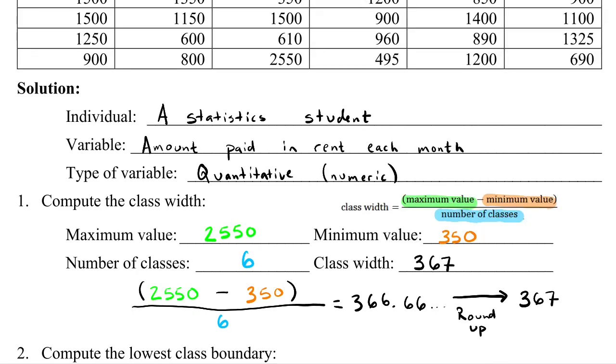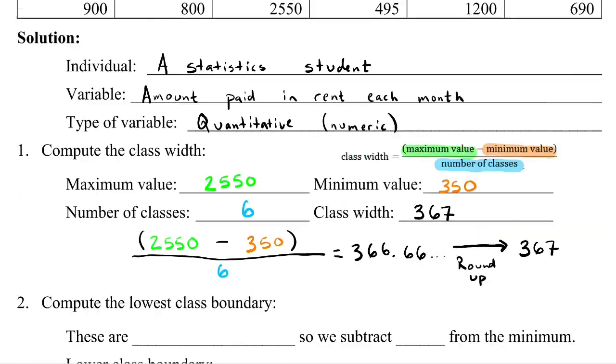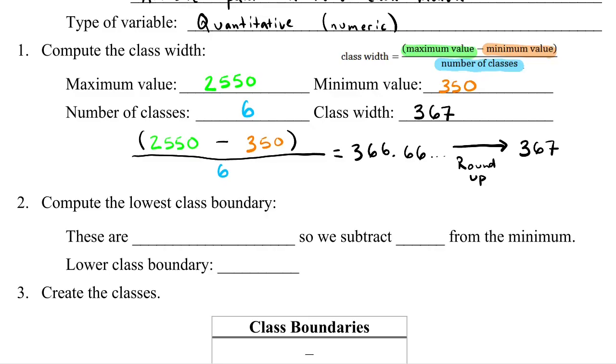Okay, so the next step is to calculate our lower class boundary. For our lower class boundary, we need to think about what kind of numbers we have in our data set. In this data set, we have whole numbers. So we want to subtract half of a whole number. We want to subtract 0.5 from the minimum value, which was our 350.